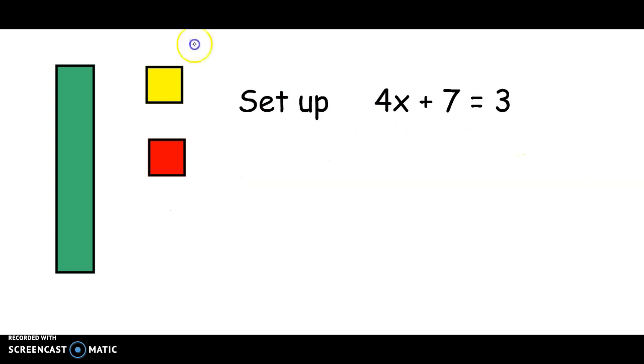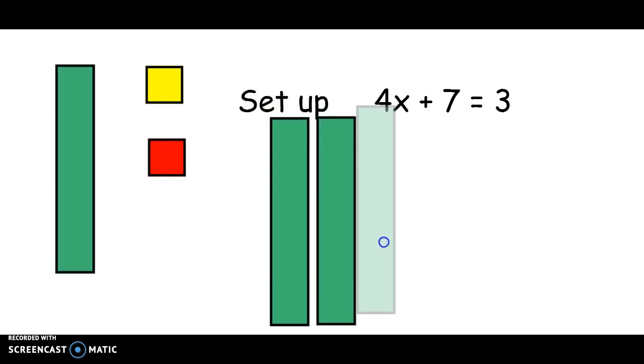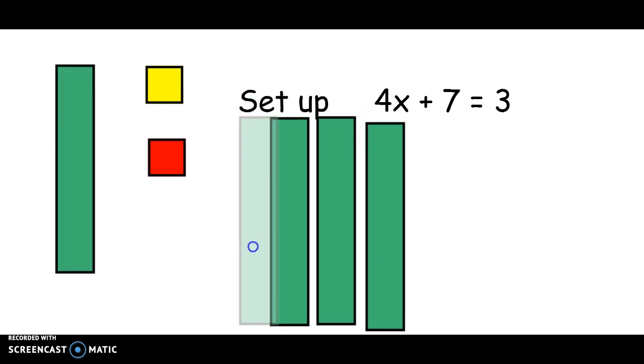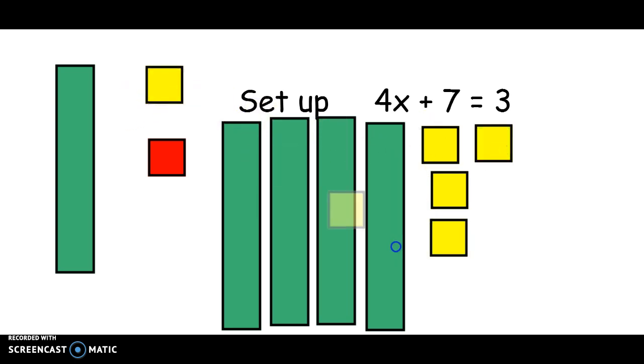Okay, let's try this one. Let's set up 4x plus 7 equals 3. Uh-oh. Now we're going to equal something. So let's go ahead and set it up. We have 4 x's, so 1, 2, 3, 4. I'm going to squeeze that there, and then plus 7. So I'm going to have 7 yellows. 1, 2, 3, 4, 5, 6, 7.